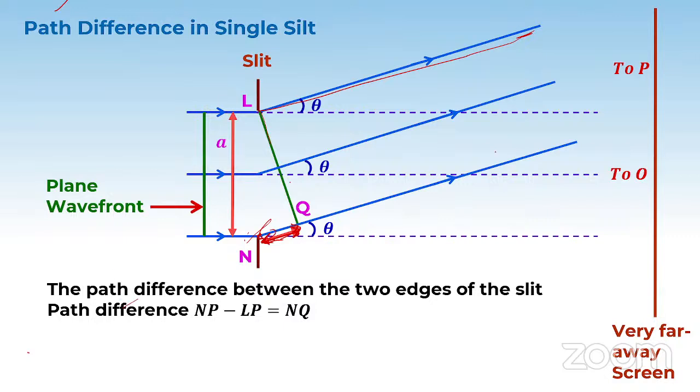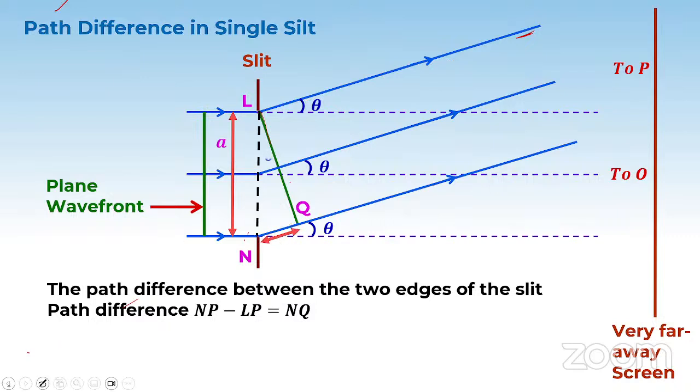So, LP, when you join L to P, and when you join N to P. जो distance L और P के बीच का है, which is called LP, and the distance between N and P is NP. तो NP में से LP अगर हटाओगे तो आपको क्या मिलेगा? पैथ डिफरेंस मिलेगा इन दो रेज के बीच का. ठीक है? And that is what we simply do here.